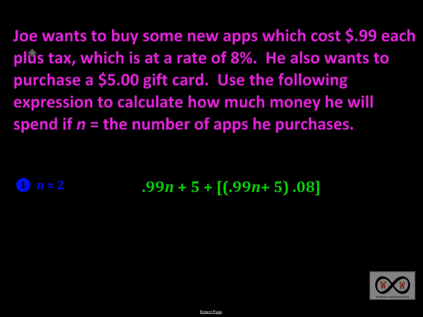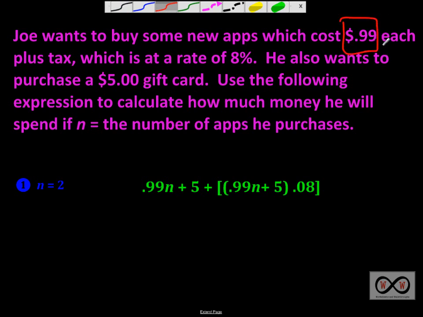All right, sentence by sentence, we're looking at Joe wants to buy some new apps. They cost 99 cents each. So that's the price per app, plus tax. So we'll have to add the tax onto the price after that, and that's at an 8% tax rate. So there it is.